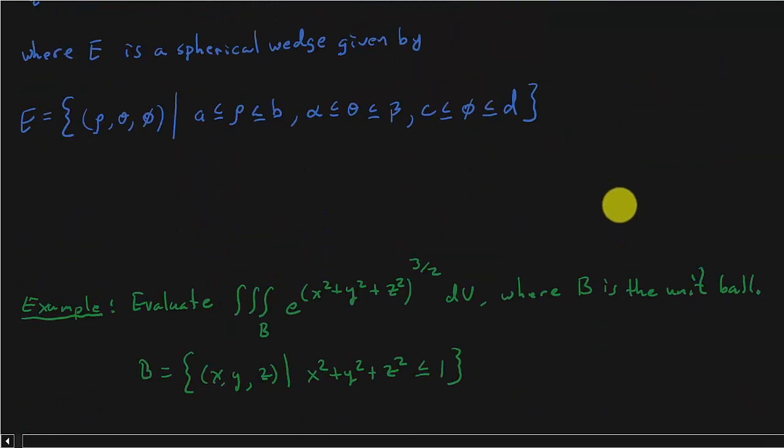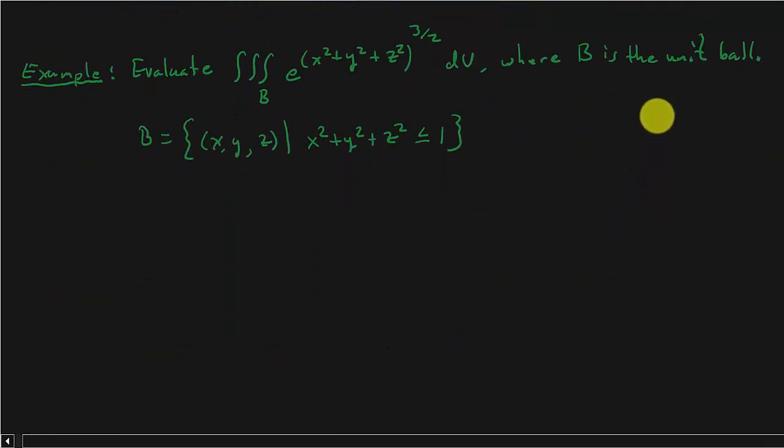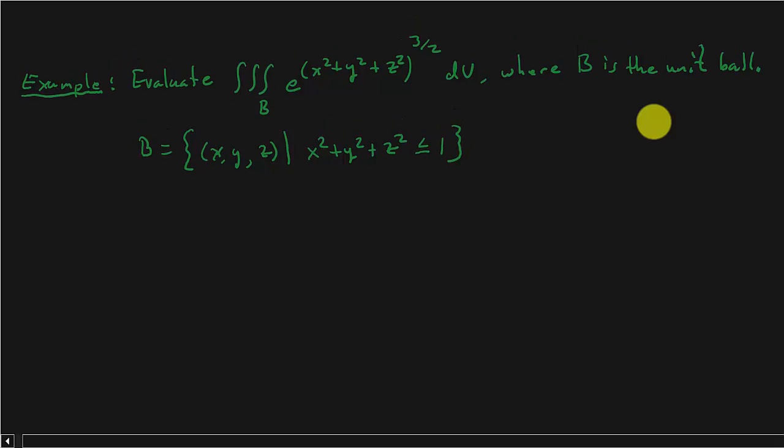Let's look at an example here. We have the triple integral over region B of e raised to the x squared plus y squared plus z squared, all raised to the 3/2, dv, where B is the unit ball. B is equal to the set of x, y, z such that x squared plus y squared plus z squared is less than or equal to 1.